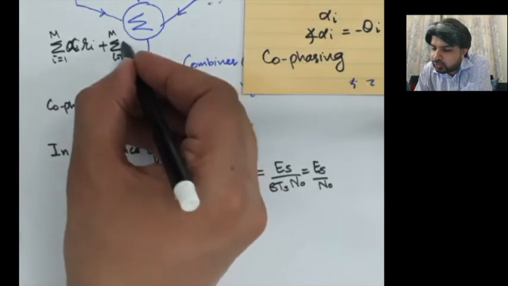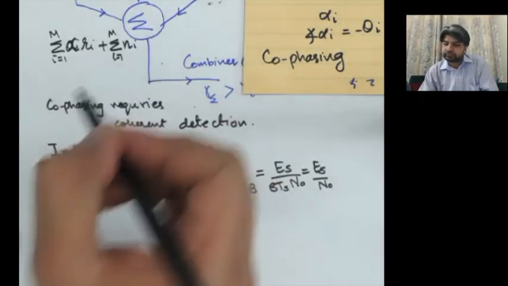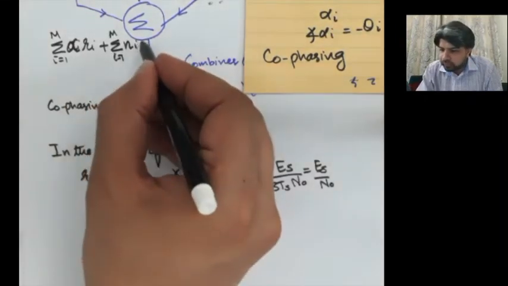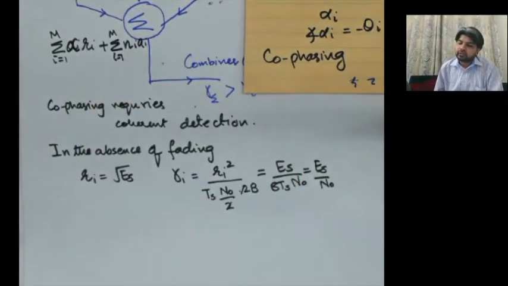Of course, the noise would get multiplied with a_i as well, so your noise would also get multiplied with the gain that you are applying for each of the branches.